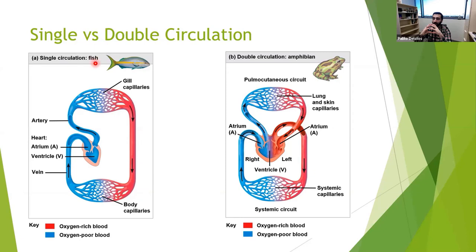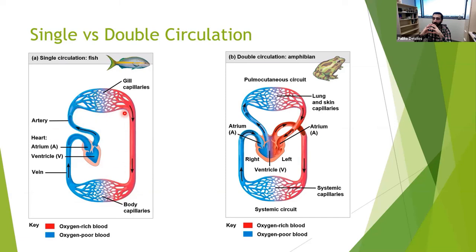Certain animals like sharks, rays, and bony fishes have single circulation, where there's a two-chambered heart. In single circulation, blood leaves the heart and passes through two sets of capillary beds before returning to the heart.